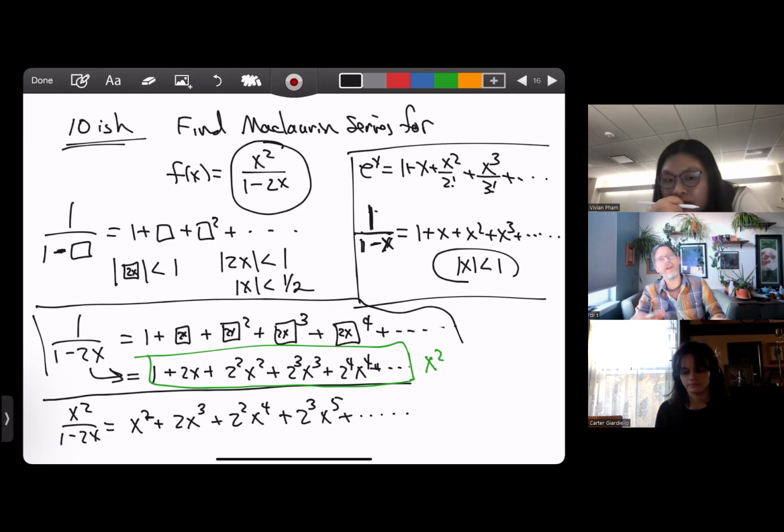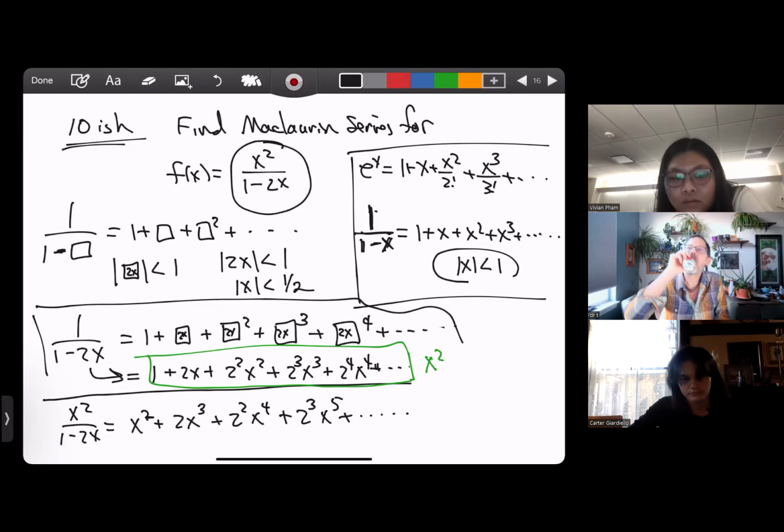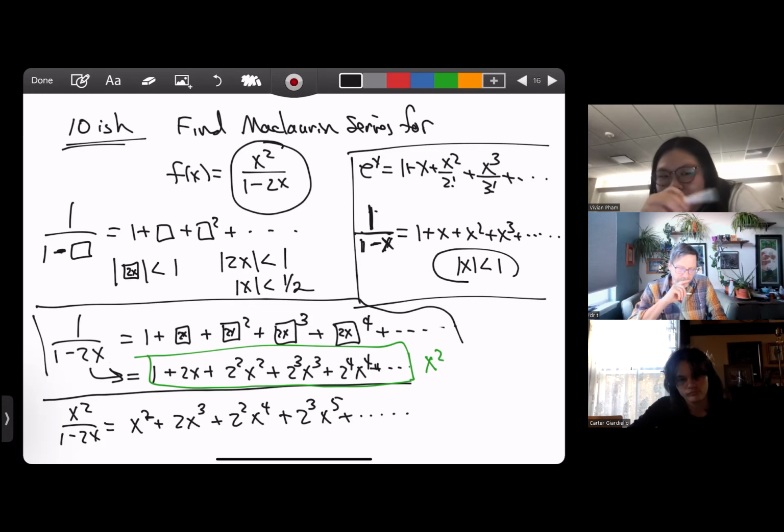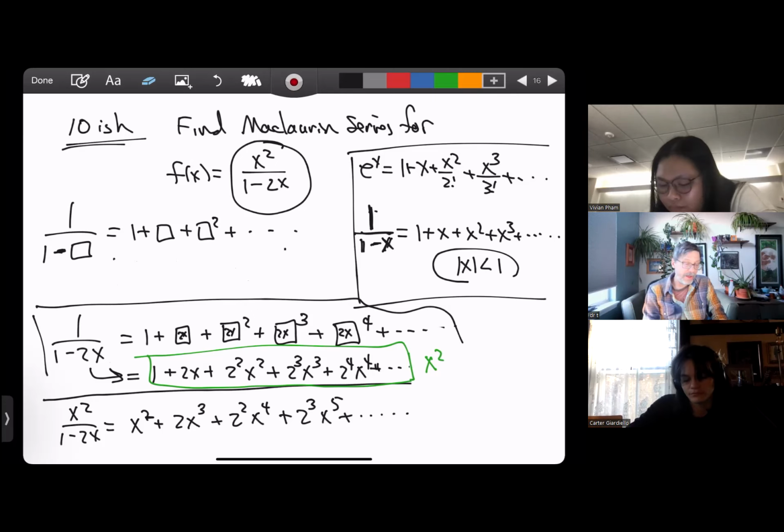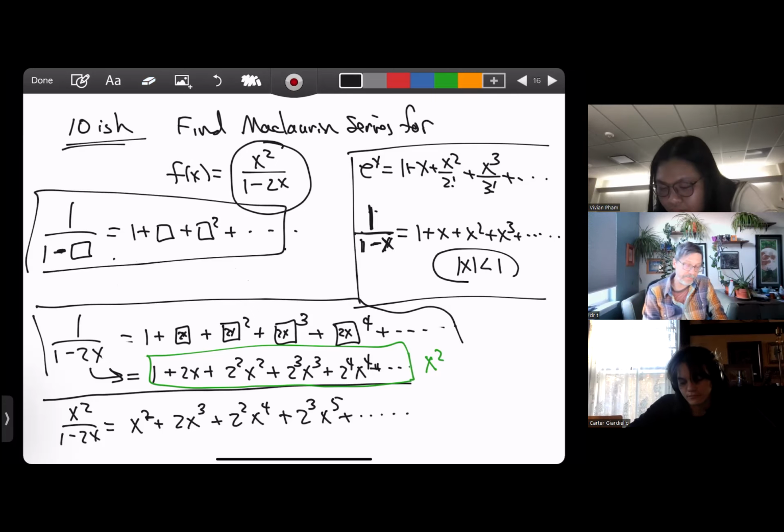You can take this formula, and then your problem's very similar. It's not a 2, but you've got a 3. Vivian, does that make sense? So for that series to converge, this expansion is only valid when the thing in that box is less than 1 in magnitude.